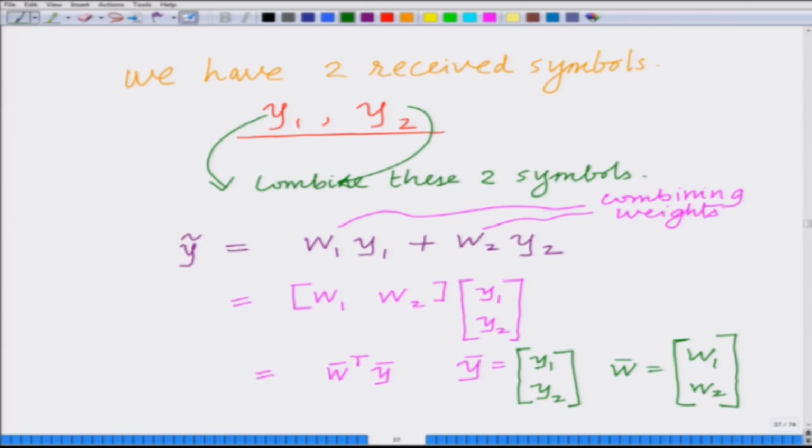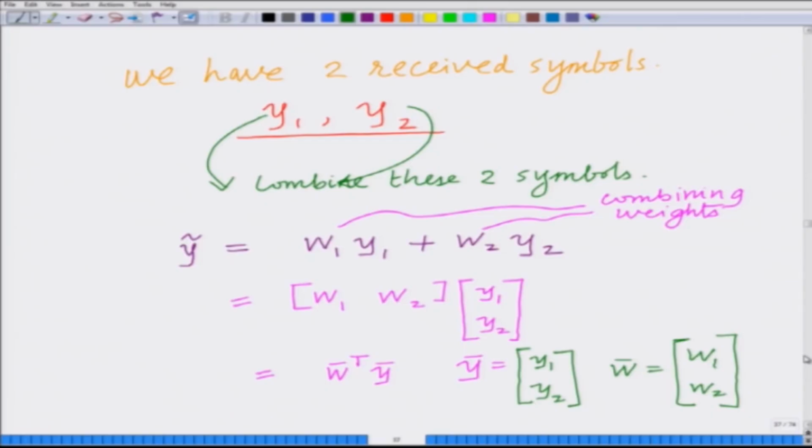So, we have written this combining at the receiver as W bar transpose times y bar, which gives us W1 y1 plus W2 y2.